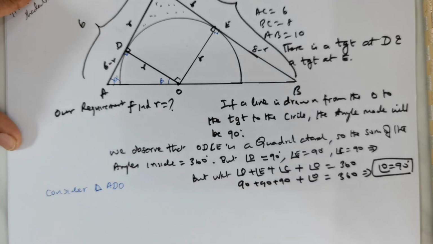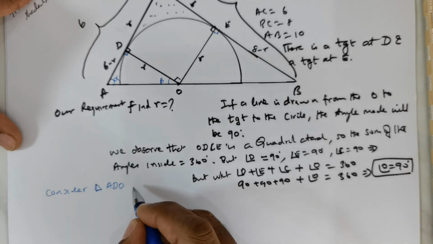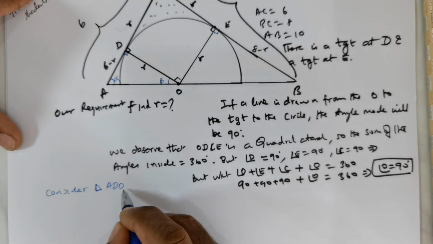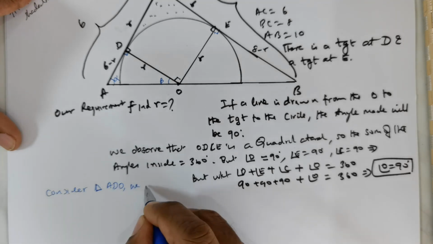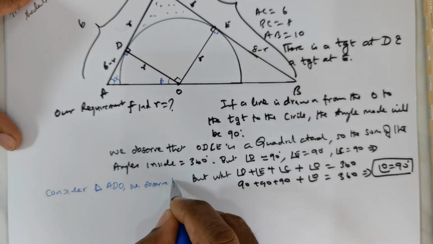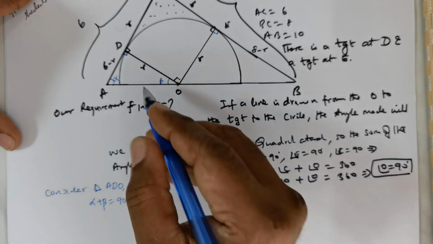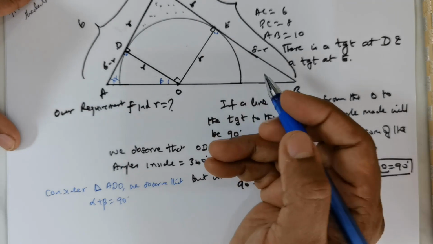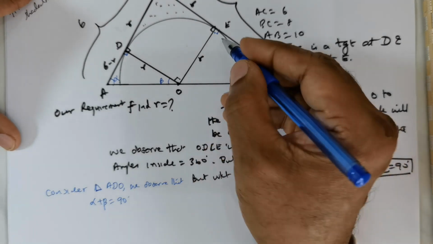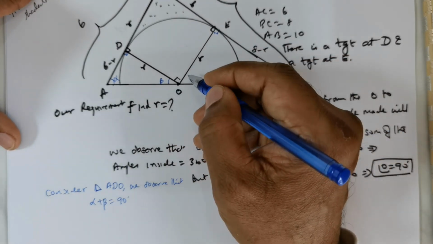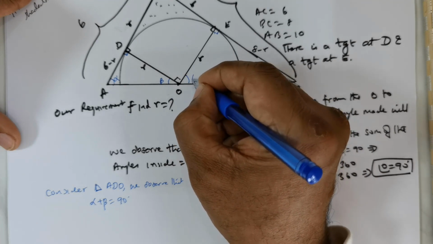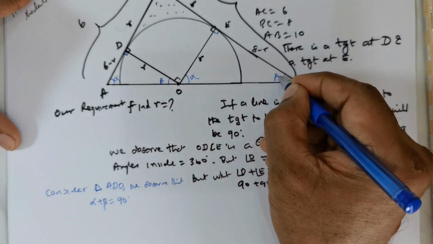What is the observation that you see here? We observe that alpha added with beta should give us 90 degrees. So this and this should give us 90 degrees. So this is 90 degrees, this is beta, this should be alpha, this should be beta.